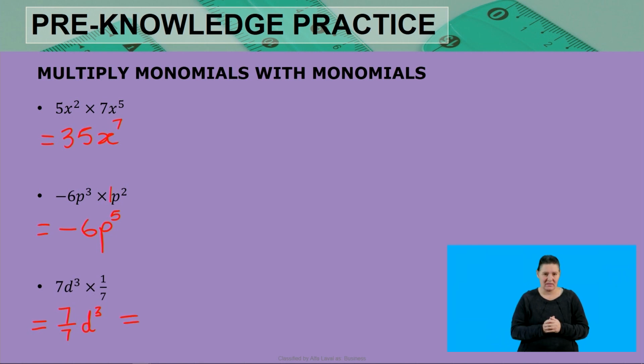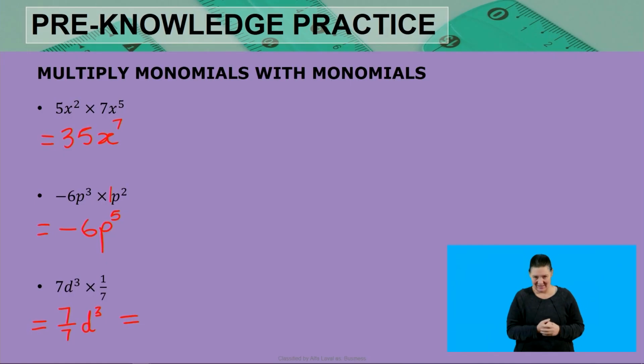Of course, we need to simplify that 7/7, and we know that 7/7 will be 1, because it is 7 divided by 7, and if we divide a number by itself, the answer is 1. So our actual answer is going to be 1d cubed.